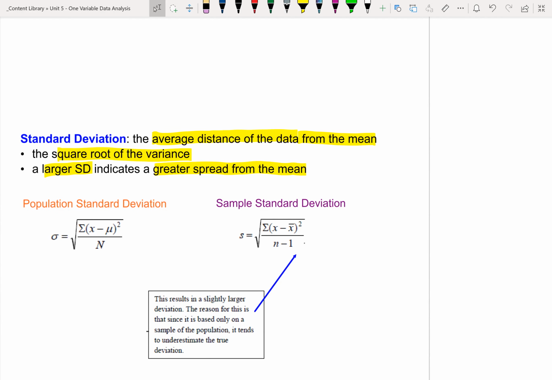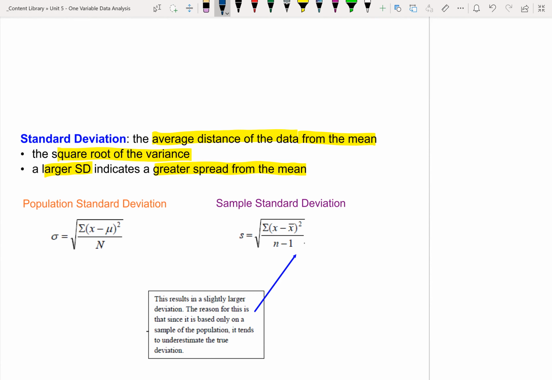Again, similar to our last examples, we have two formulas for standard deviation, one looking at the population and one looking at the sample. Again, the formulas are the same, however, we're just looking at two different variables.